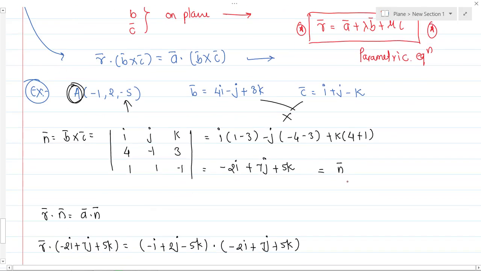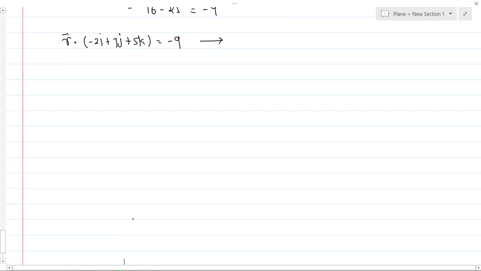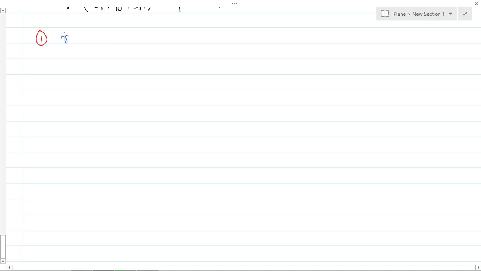Okay, so till now we have seen the four equations of the plane. So let me write all the four equations of the plane here. So first equation is, okay, let me take the blue color, which is r bar dot n bar equals to a bar dot n bar. Second equation we have seen as a into x minus x1 plus b into y minus y1 plus c into z minus z1, it is equals to 0.